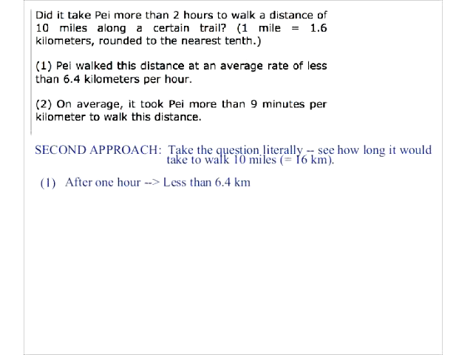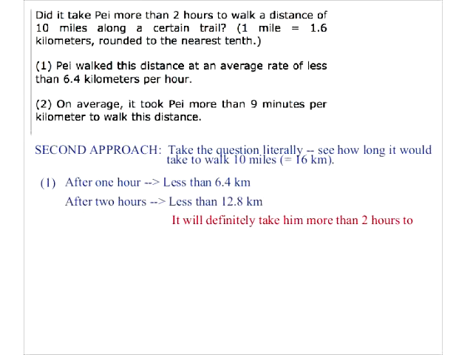And this means that after 2 hours, he has walked less than 12.8 kilometers. So there's our answer. It will definitely take him more than 2 hours to walk 16 kilometers, because in 2 hours the most that he can cover is that. So you can just figure that out based on hours.